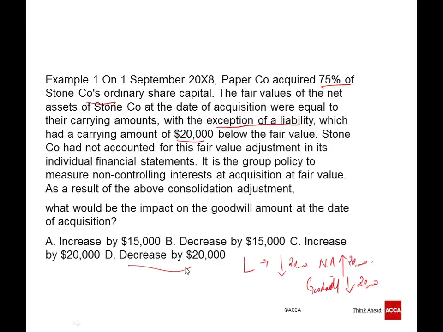After deducting the depreciation, we will show the amount on net assets at the acquisition. No, depreciation will be charged normally after the post acquisition period. So depreciation is normally charged after the acquisition. So we only need to adjust the gains and losses which occurred at the date of acquisition.